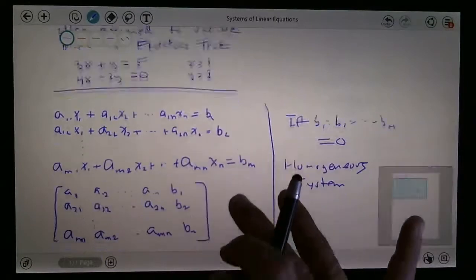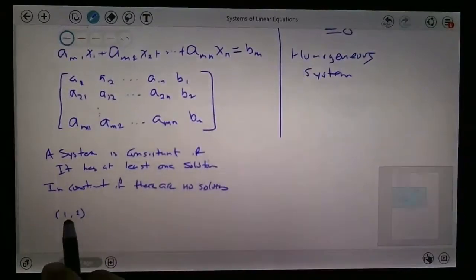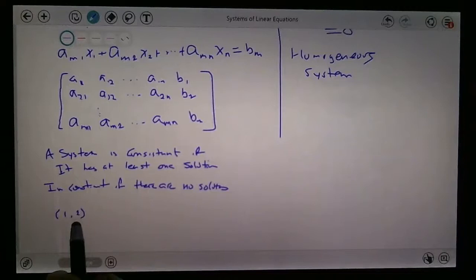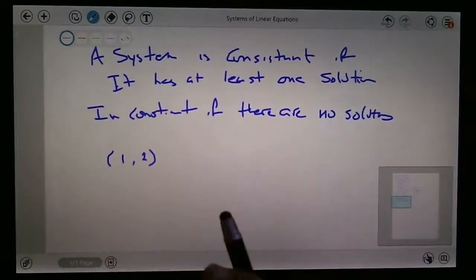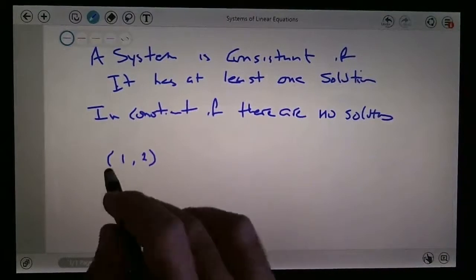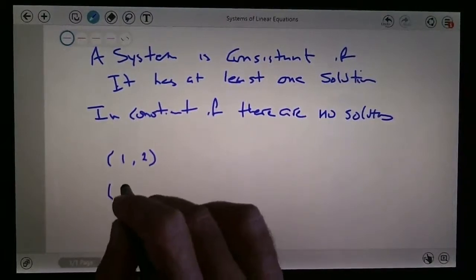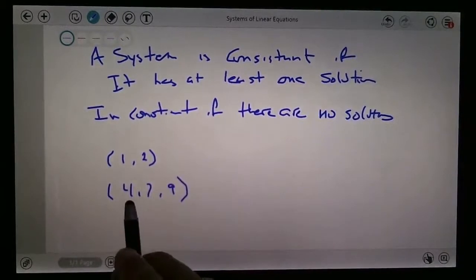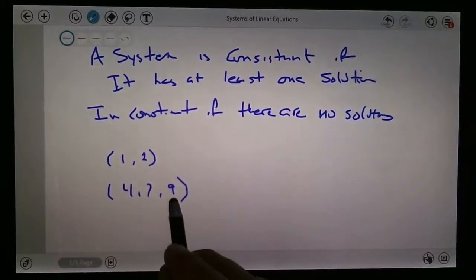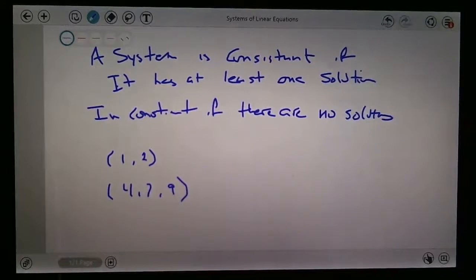That solution I can write as an ordered pair (1, 2), where it's assumed that I know that this value is being plugged into the first variable and this is being plugged into the second variable. Likewise, if we had 3 variables, we might have an ordered triple. (4, 7, 9) would mean that x1 is equal to 4, x2 is equal to 7, x3 is equal to 9.